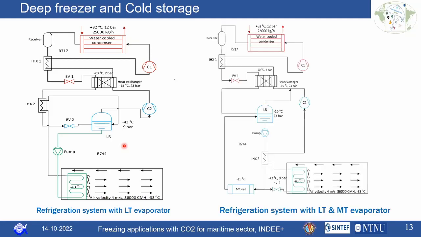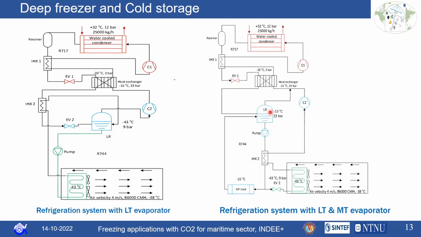Apart from this, you can also have a multi-evaporator arrangement where you have a cold storage unit and also a deep freezer. The cold store will be at a temperature around -20 degrees Celsius, and the deep freezer can be maintained at -40 degrees Celsius. The system is the same, but you need to have two stages of expansion.